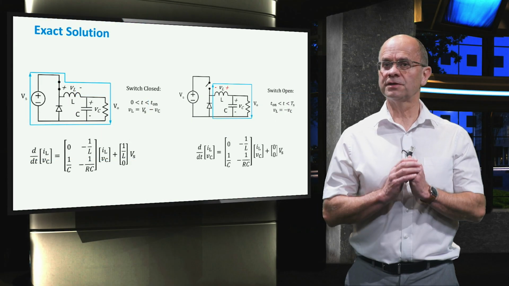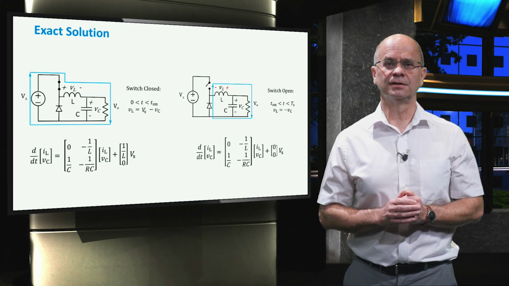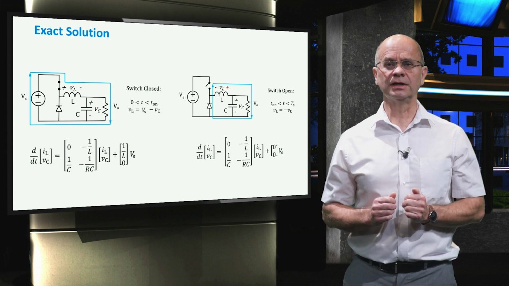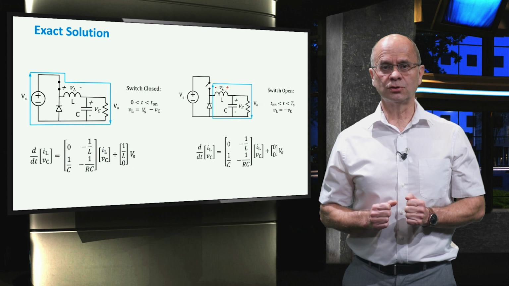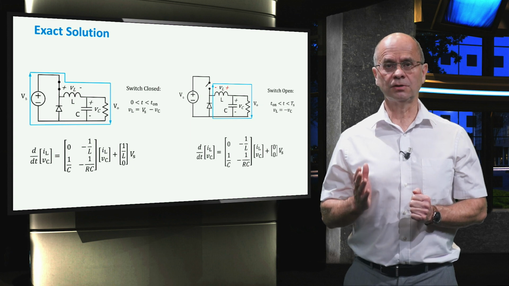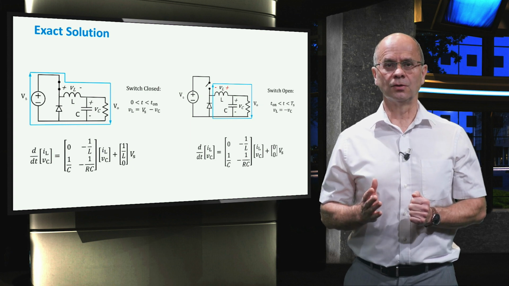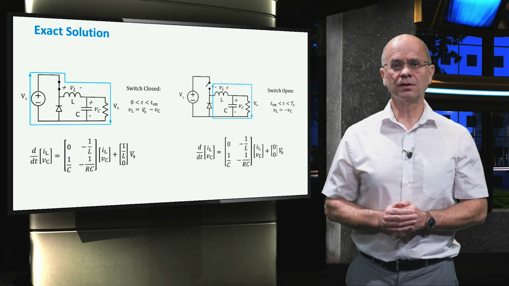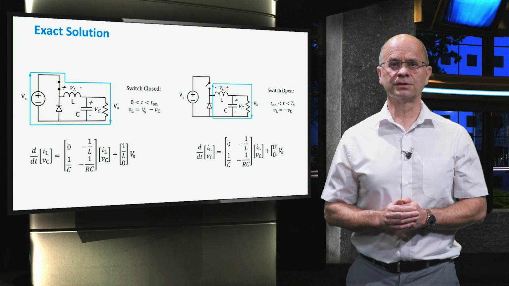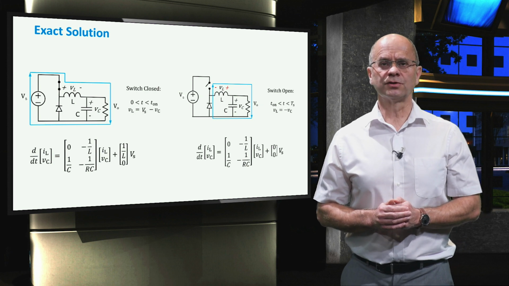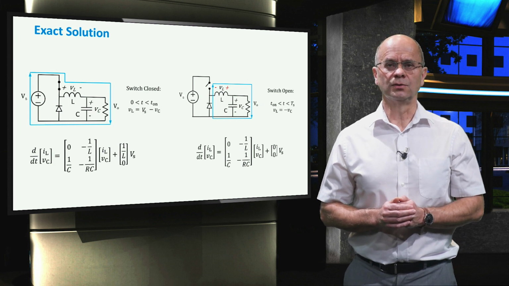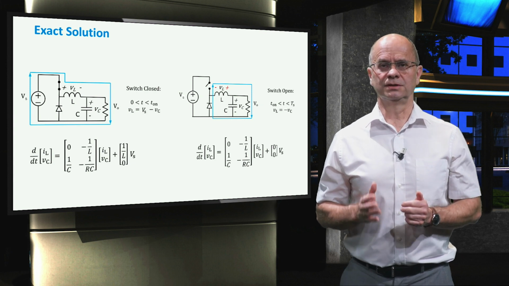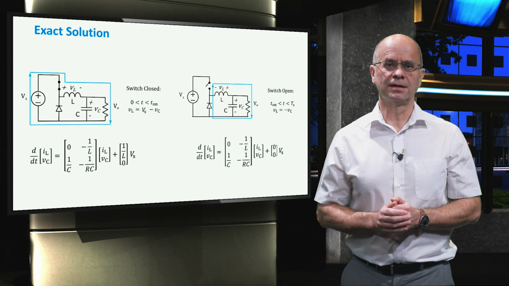Note that there is a third possible state. If neither the switch nor the diode is conducting during an interval, the converter is said to be operating in the discontinuous conduction mode, or in short, DCM. For now, we will only consider circuits which are always conducting current, which is described as continuous conduction mode, or CCM.